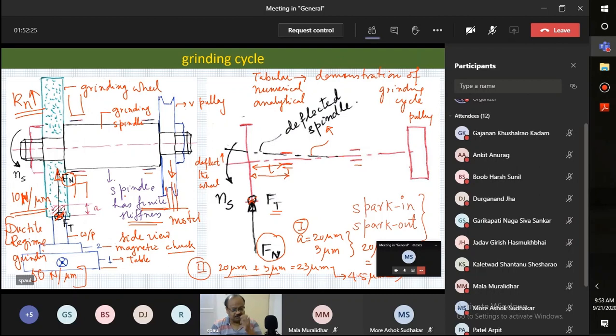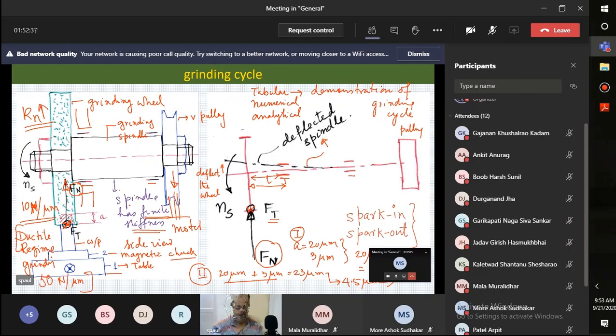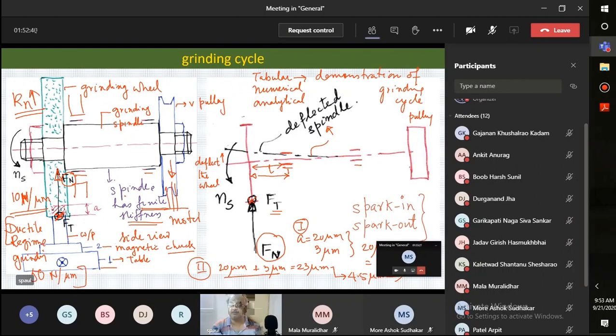So this L cannot be 5 millimeter. It would be 200 millimeter, 100 millimeter. So that much overhang length would introduce some kind of loss in stiffness. So you cannot do away with that. Was it possible, then grinding machines would have been built that way. Okay. Does that answer your question? Yes. Okay. Thank you so much.